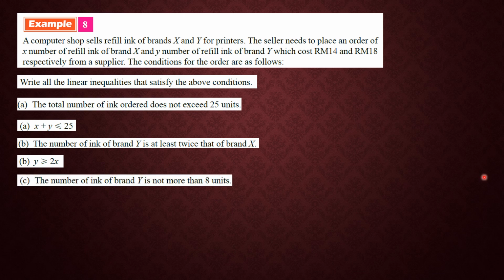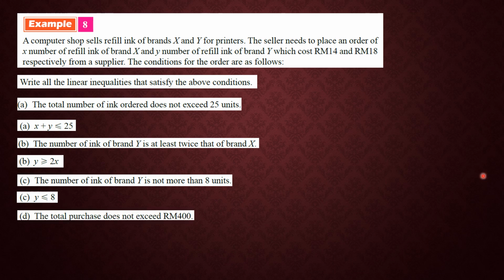Next, for part C, the number of ink of brand Y is not more than 8 units. That means brand Y cannot be more than 8, tak boleh melebihi 8. So how do you write? y ≤ 8.